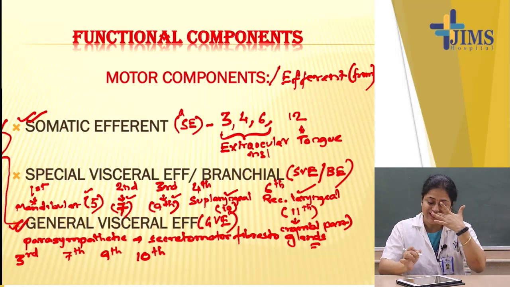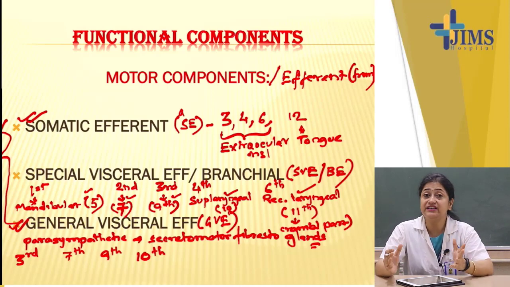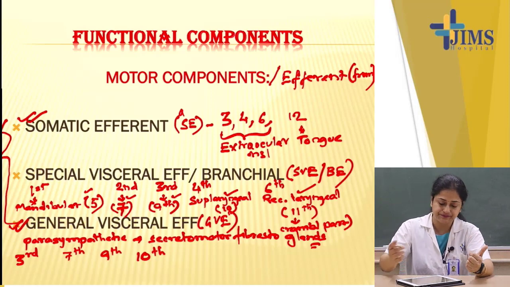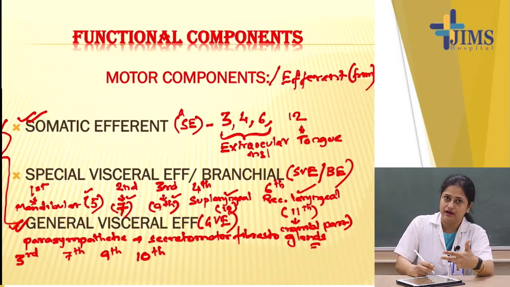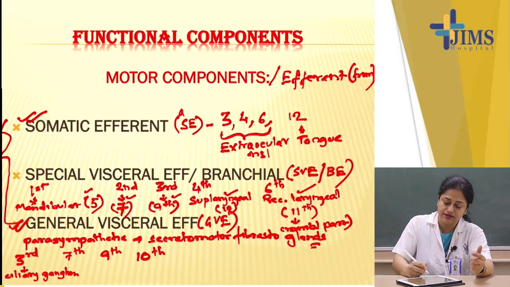So, when we are discussing these GVE fibers, we need to know which parasympathetic ganglion each is associated with. The third nerve, the oculomotor nerve, is concerned with the ciliary ganglion, which is present within the eye orbit, not the eye, in the orbit.